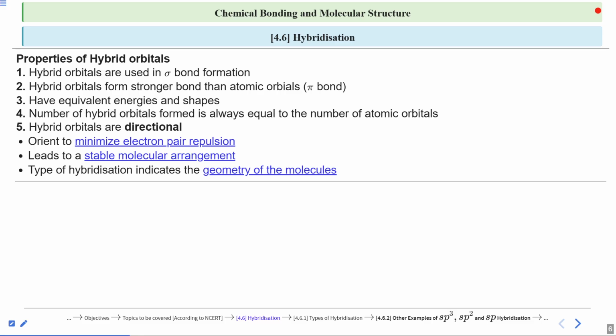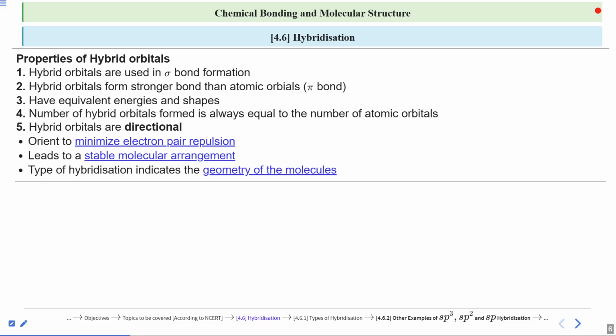Now again I am repeating the important points. First, hybrid orbitals are used in sigma formation. Second, atomic orbitals are used in pi bond formation. Third, sigma bond will be stronger than pi bond. So this will be obvious. Therefore you can say that the bonds formed by the hybrid orbitals will be stronger than the bonds formed by the atomic orbitals. Then next, all the hybrid orbitals of a given atom will be equal in shape and energies.